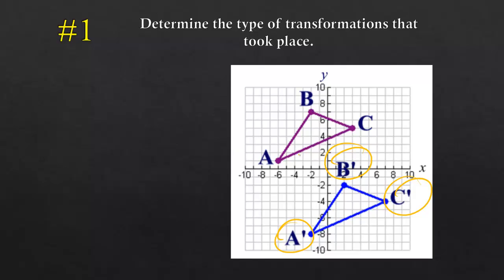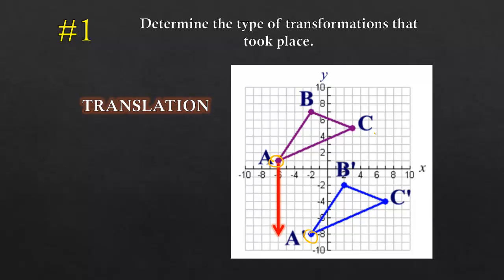If we were to pick a point, and it doesn't matter which one, I'm going to go with A. So if I started here, I've got to end up here. So what did I do to get there? Well, I went down, and this is a translation because we're just sliding it. So I went down 9, and to the right, 4. See how that works?